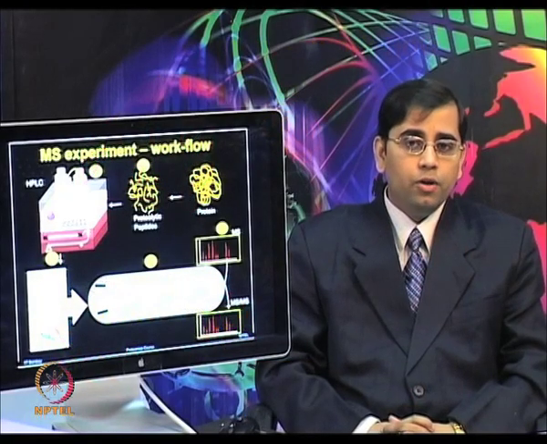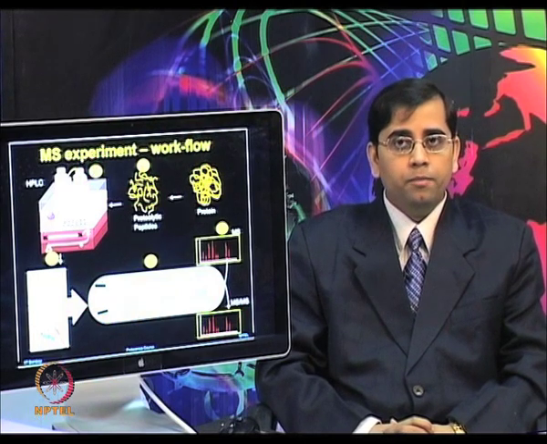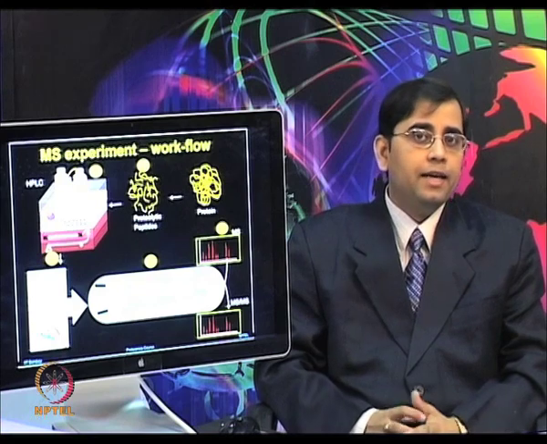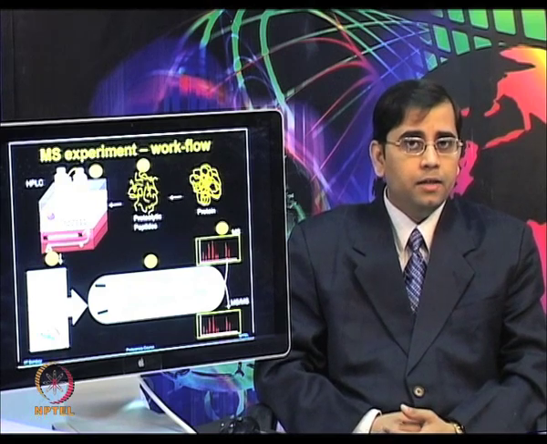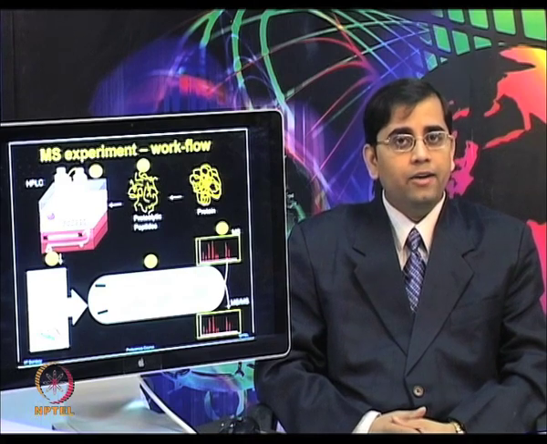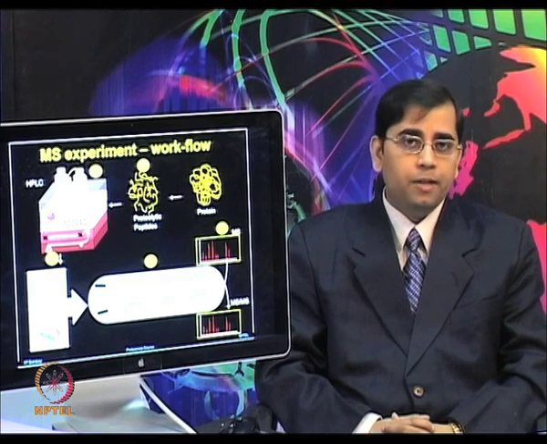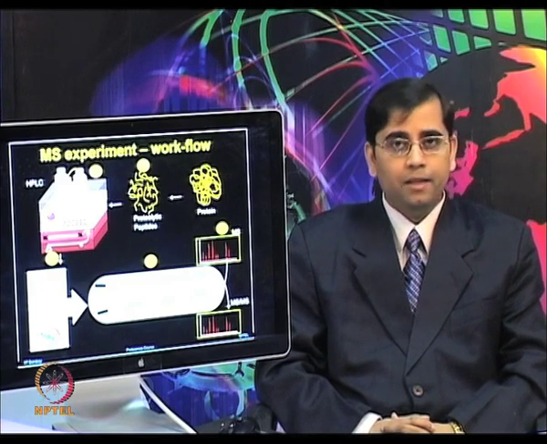So, in this workflow, all these steps are equally important, starting from the first step, the tryptic digestion, second, pre-fractionation strategies using liquid chromatography, then ionization sources, mass analyzer, and then spectrum generation, MS or MSMS.